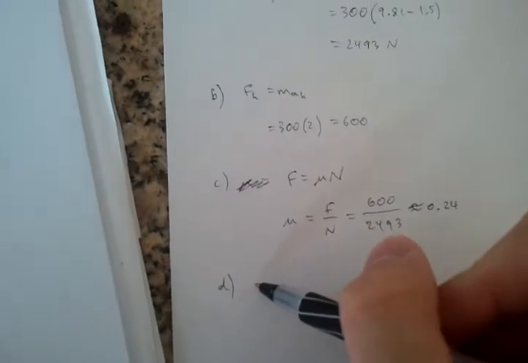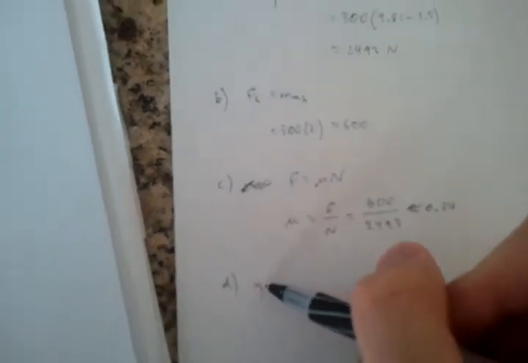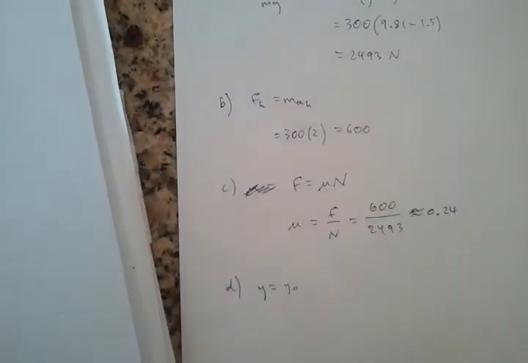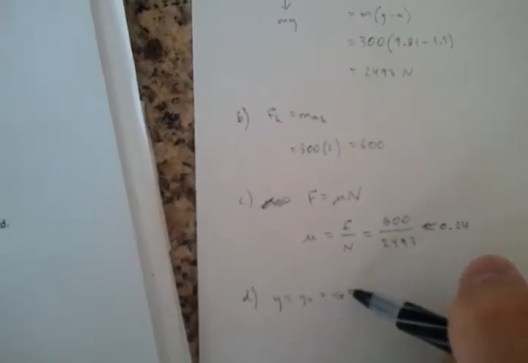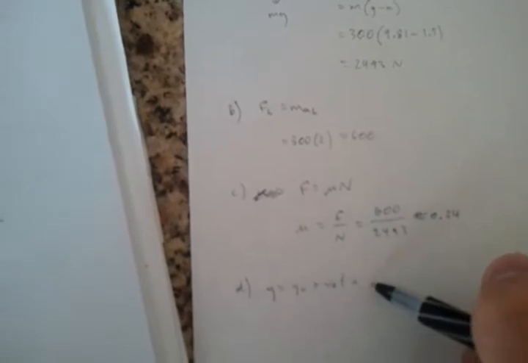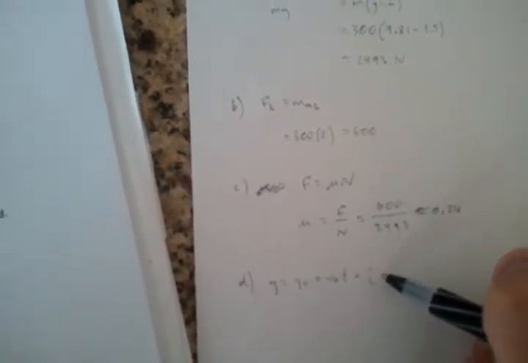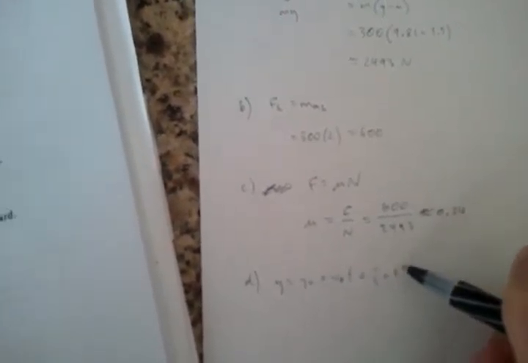So let's do y first. y is equal to y naught plus the initial velocity times time plus 1/2 acceleration times time squared. Pretty basic equation. So simplify that down. You have y naught.